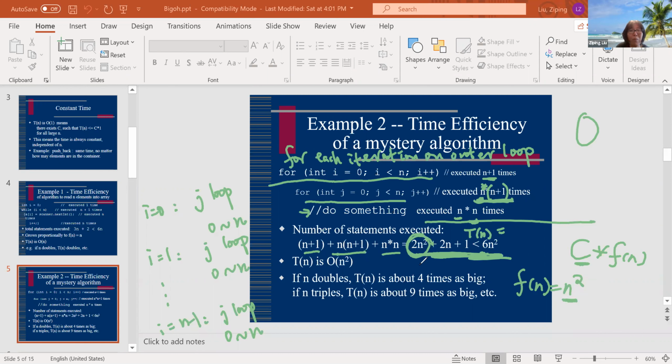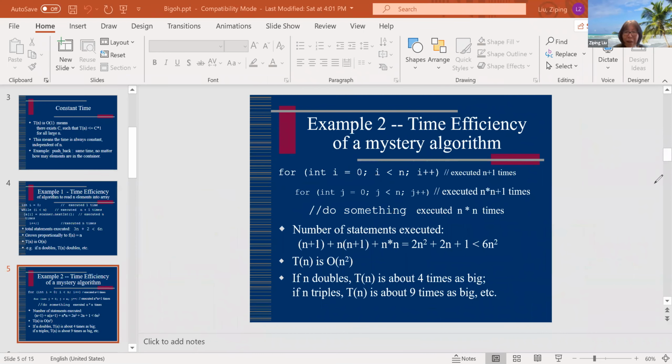So Tn this time is also order n squared, quadratic. This tells us when n doubles, Tn will take 4 times as long. When it triples, it will take 9 times. Compared with linear, of course this takes longer.